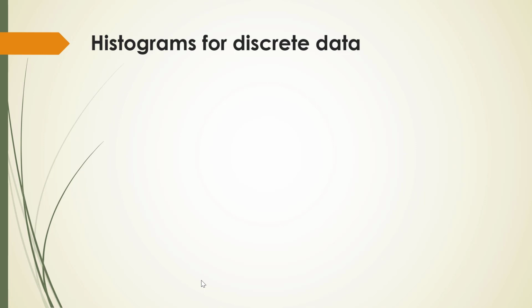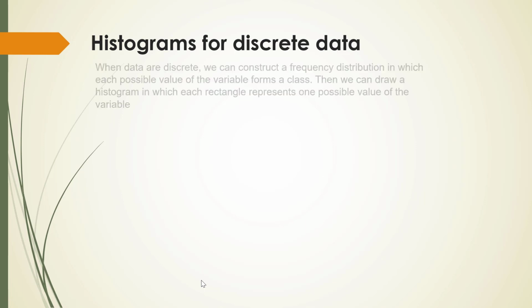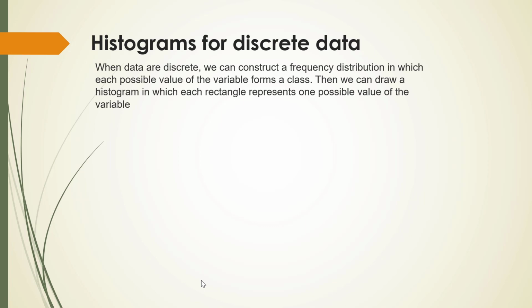For discrete data, when data are discrete, we can construct a frequency distribution in which each possible value of the variable forms a class. Then we can draw a histogram in which each rectangle represents one possible value of the variable.